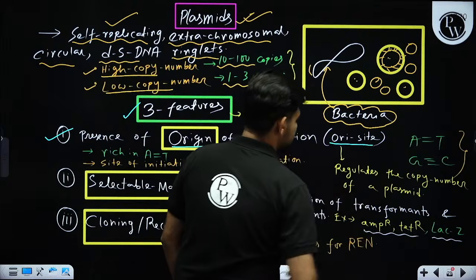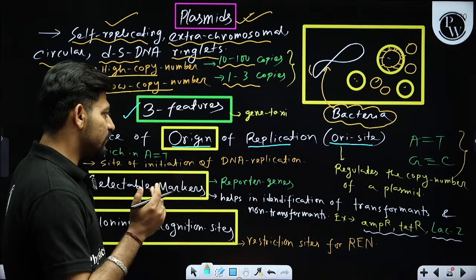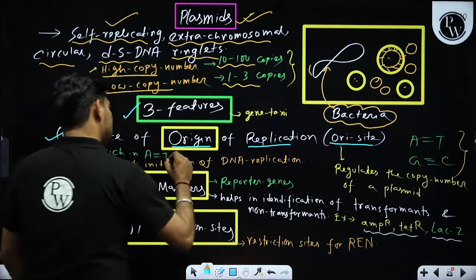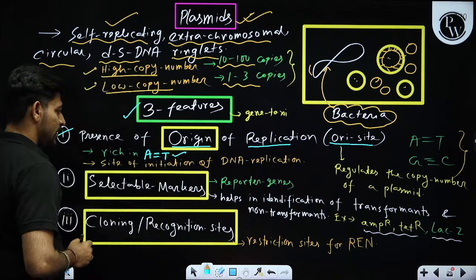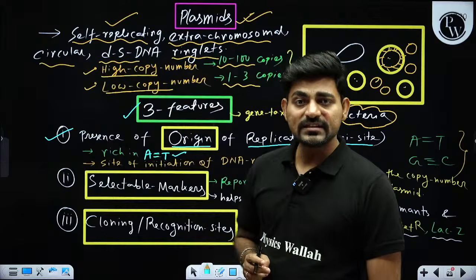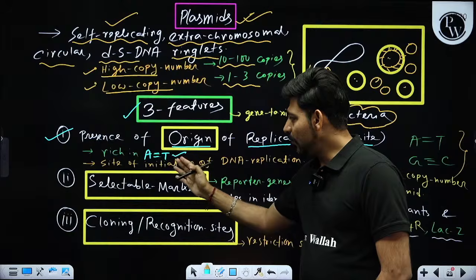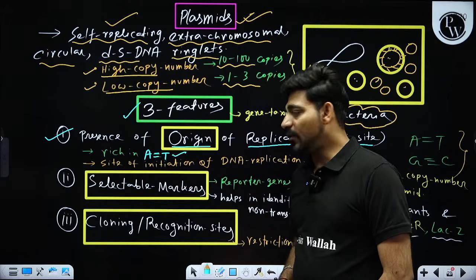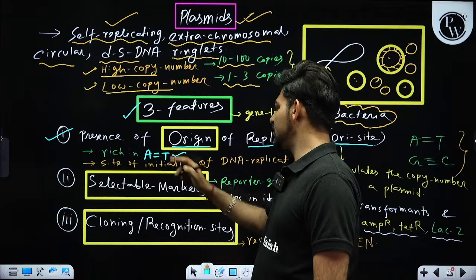Just now I was discussing the site of origin. What is the importance of origin? The origin site should be rich in A and T. There should not be more G and C. The origin site should contain more A and T double bonds. Adenine always binds with 2 hydrogen bonds with thymine.